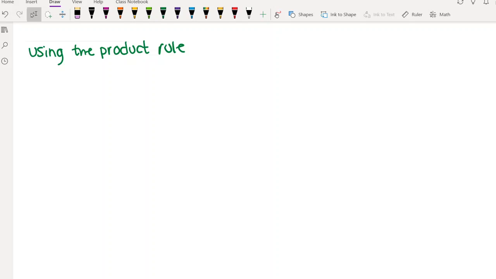We'll basically be looking at some examples where you have something like sine of y squared. That would be an example of where you have to use the chain rule kind of aside from the implicit differentiation part. So using the product rule and chain rule with implicit differentiation.